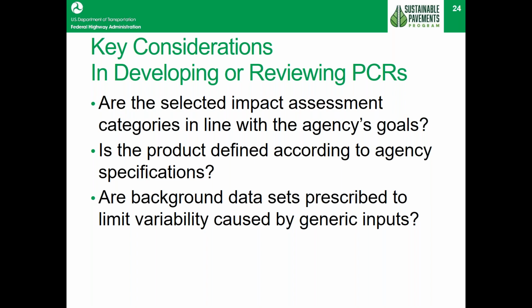For instance, if an agency is part of, say, an ozone non-attainment area and has some goals related to reduction of ozone precursors, then that might be a particular impact category that should be included in the PCR itself.